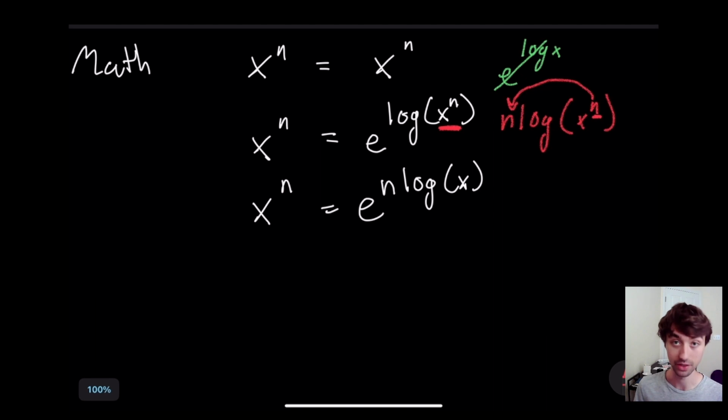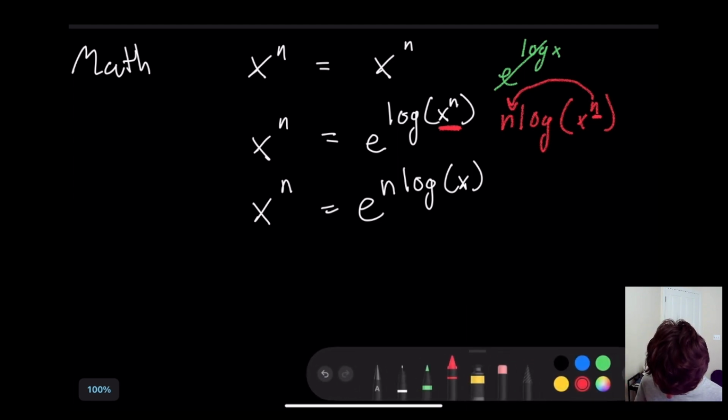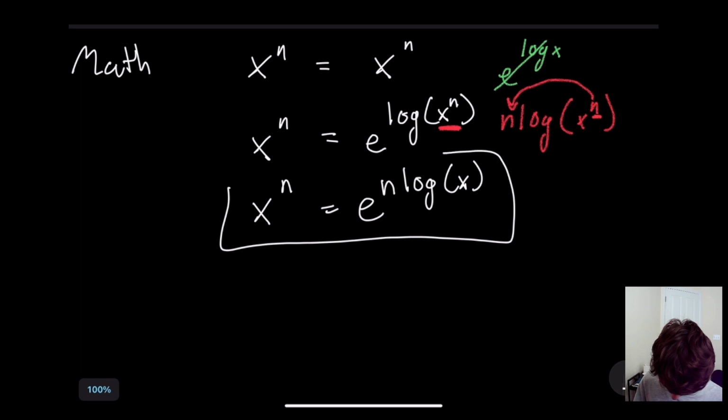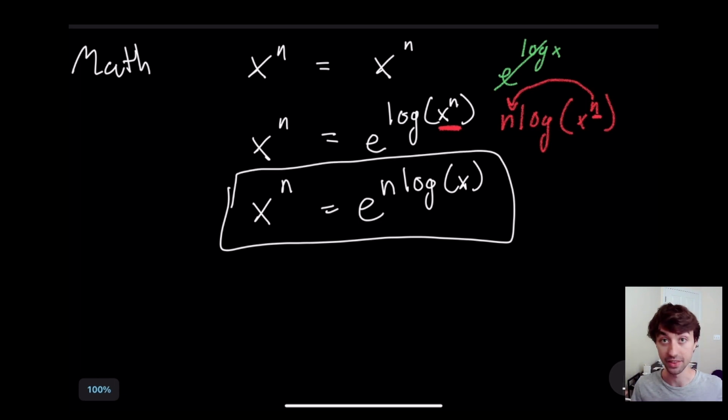So that's why I completed the third step, which was to take the n and bring that out front using properties of logs. Now we are left with this statement here, and these are both equivalent, these are the same thing, but it shows how we can rewrite x to the power of n in terms of e raised to the power of n log x.